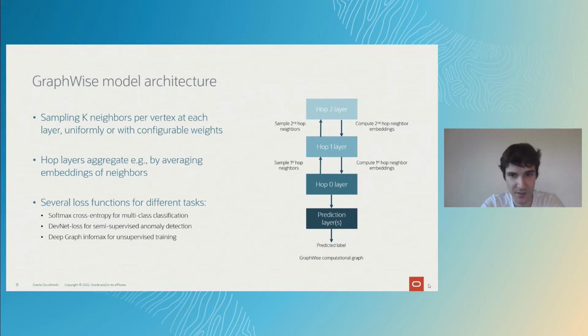So that's tuned for this kind of use case. And for unsupervised training, so when you don't have labels, at the moment we have a loss function based on the deep graph infomax loss, which makes it possible to learn high quality embeddings in this unsupervised training setting.